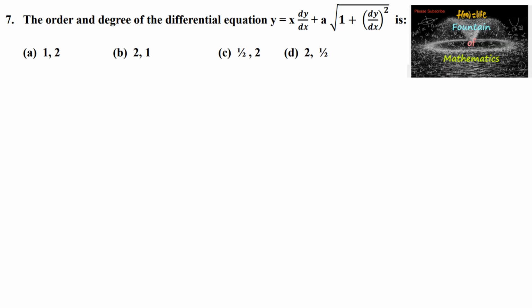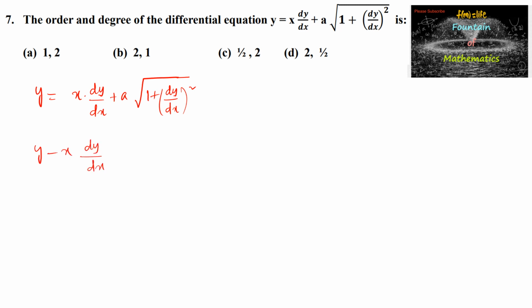The order and degree of the differential equation y = x dy/dx + a times the square root of 1 + (dy/dx)². We can write y - x dy/dx = a times the square root of 1 + (dy/dx)².